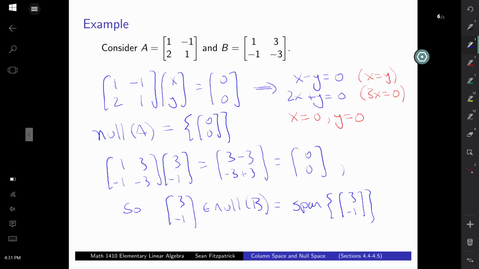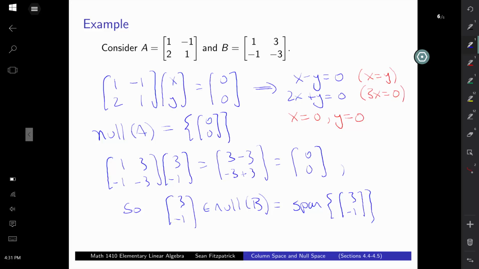Although, to be 100% sure that that single vector generates the entire null space, we maybe need a few more techniques to understand why that's the case. Although one way to think about it is that if that null space was the span of two non-parallel vectors, well, we know that two non-parallel vectors in R2 should span everything, and clearly not every vector in R2 gets sent to 0.